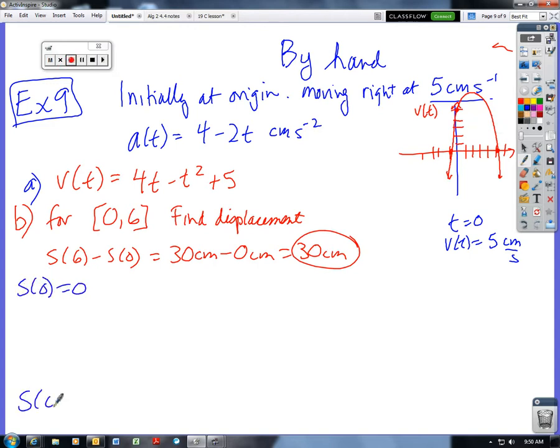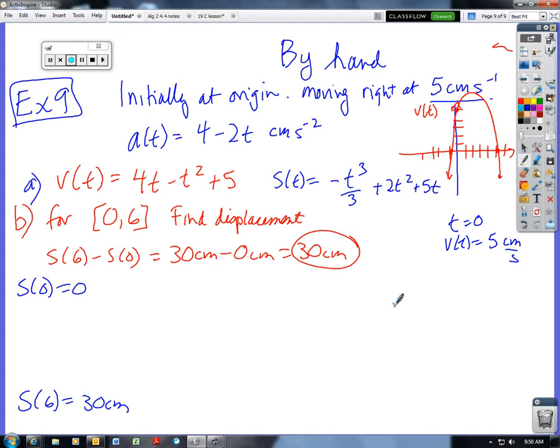We need to know s of 6, which is 30. And let's write down the position function again, which I erased, but I have written here somewhere. Negative t cubed over 3 plus 2t squared plus 5t. So that's all stuff we need to know.